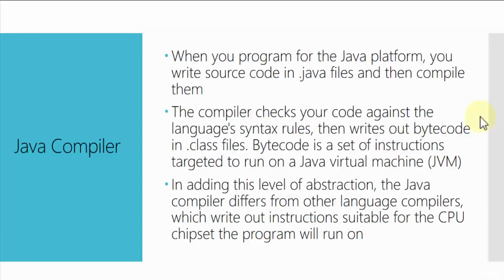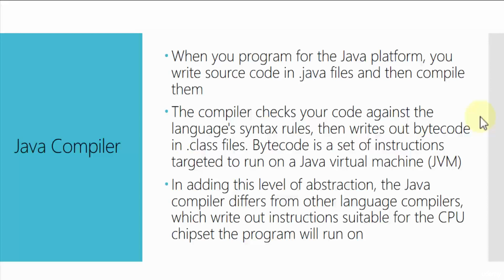So everything is saved in .java files, and then we compile them. So the Java compiler checks the code against the language's syntax rules and then writes out the bytecode in .class files. And these are binary files, right, that are automatically created as you create .java files.